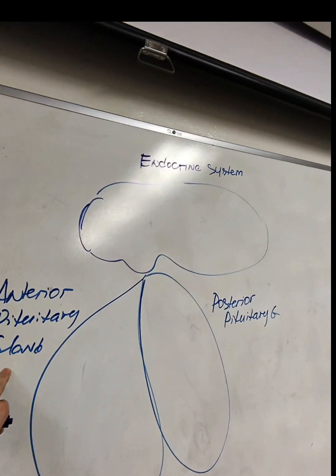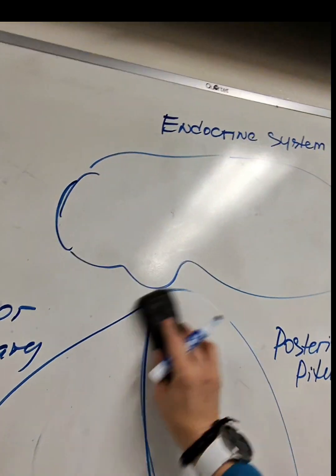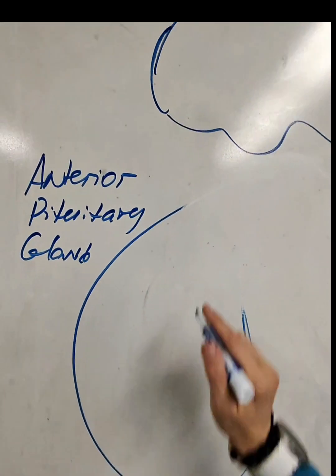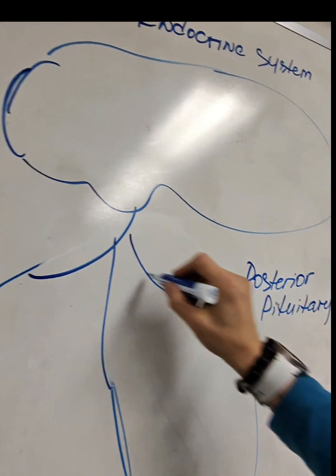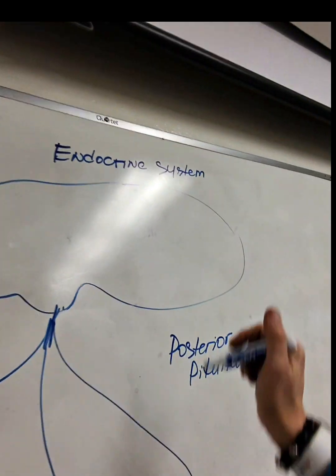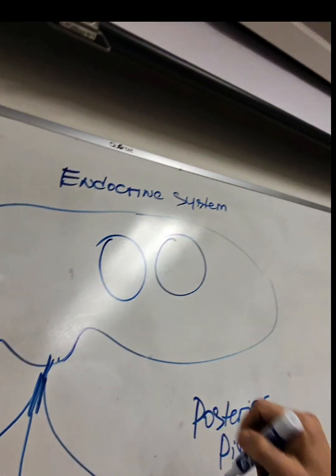You'll see why. So the hypothalamus is connected to the pituitary gland through the infundibulum, like that. It's like a stalk here. With the hypothalamus, we have hypothalamic neurons. So here's a cell body. Here's a cell body.